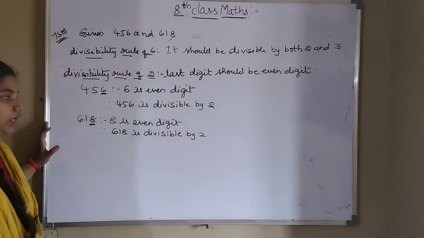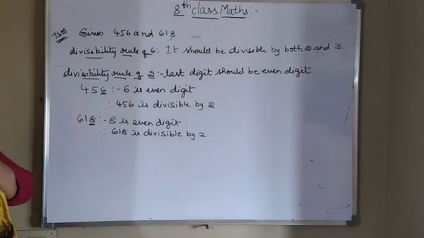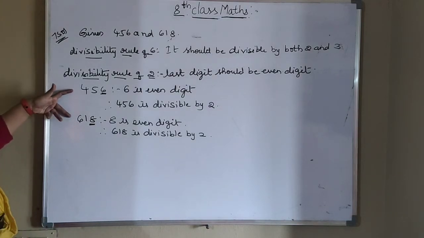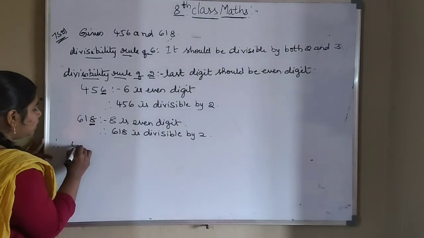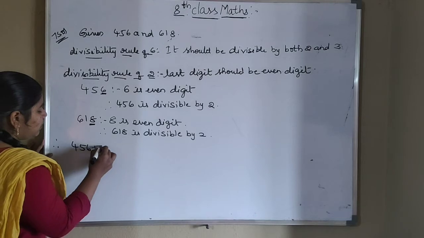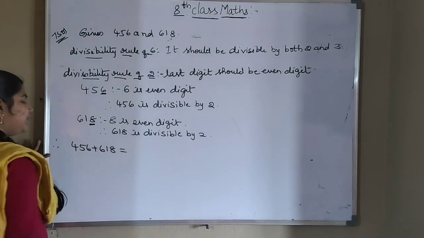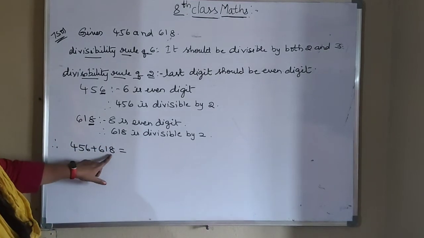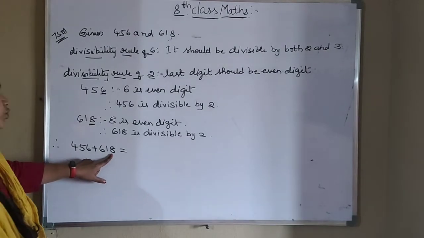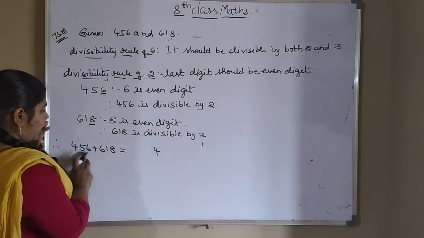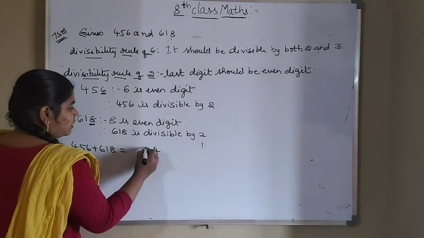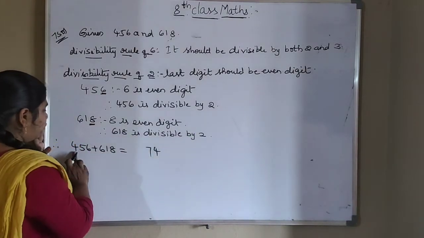Now next, they ask whether the sum of these two numbers is divisible by 6 or not, which we also have to check. So here I am doing the sum, 456 plus 618. 6 plus 8 will be 14. Next, 5 plus 1 is 6, and 1 carried makes 7. Next, 4 plus 6 is 10.